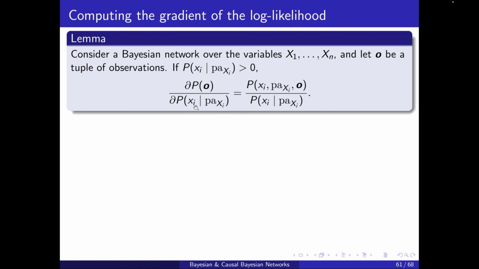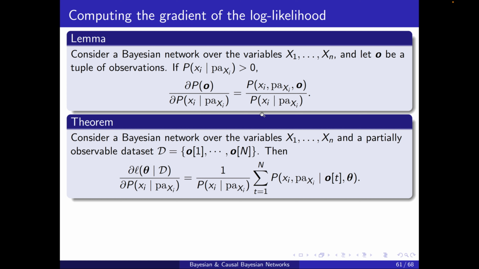The first result is that the partial derivative of the probability of those observations with respect to this CPD term, the probability of xi conditioned on its parents, is simply the joint probability of those observations together with xi and its parents, divided by the term that we calculated the derivative with respect to.